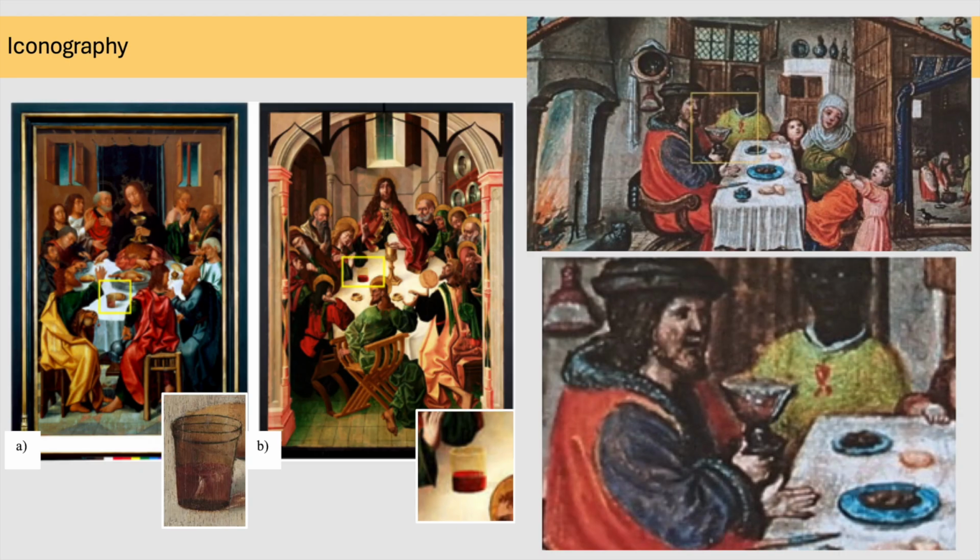Then the iconography: once we have a shape, that's why the chronotypological study is important, we need to look for that shape in representations of that time period.